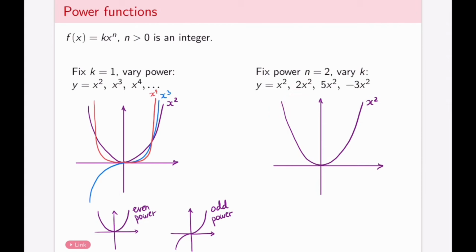So what we will see is a taller, skinnier version of the exact same function. So this is 2x squared. The higher the coefficient, if it's positive, the more stretched out vertically the function will be. So 5x squared will look something like this.